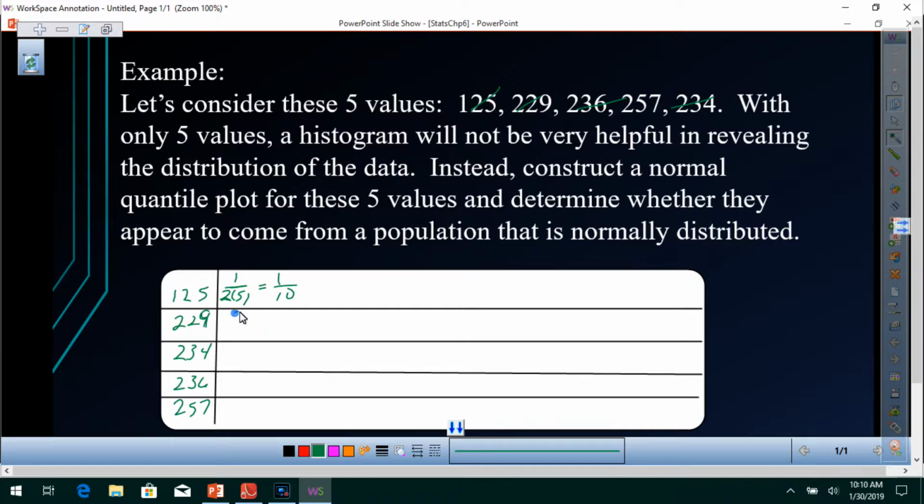Following that formula, 3 over 10. 5 over 2 times 5 is 5/10, or 1/2. 7 over 2 times 5 is 7/10. And 9 over 2 times 5 is 9/10.